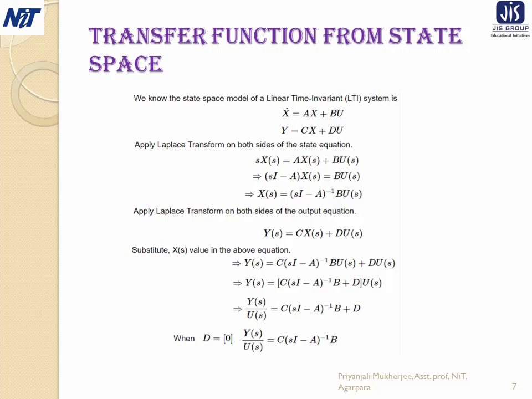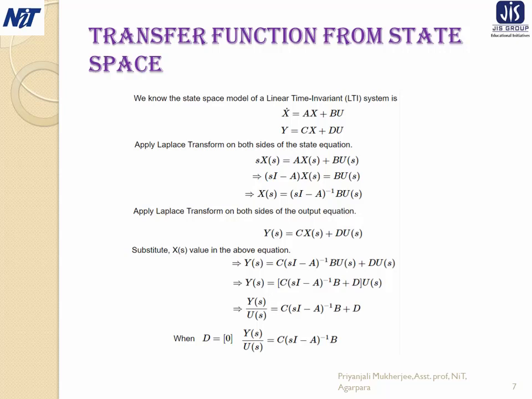As we have taken this Laplace transform and directly assumed that all initial conditions are zero, that's why Y(s) by U(s) represents the transfer function of this system, and it can be found by the relation C times (sI minus A) inverse times B plus D.